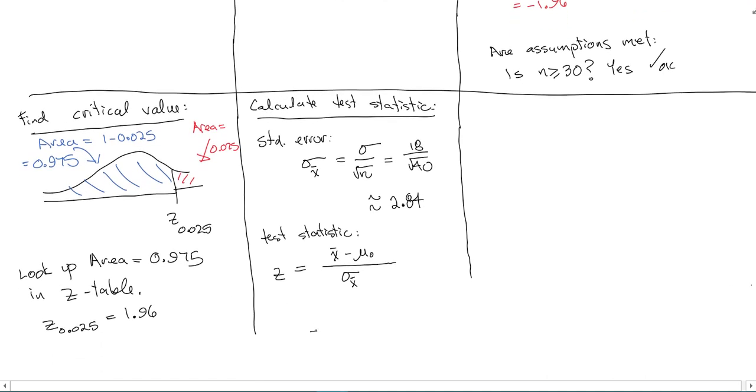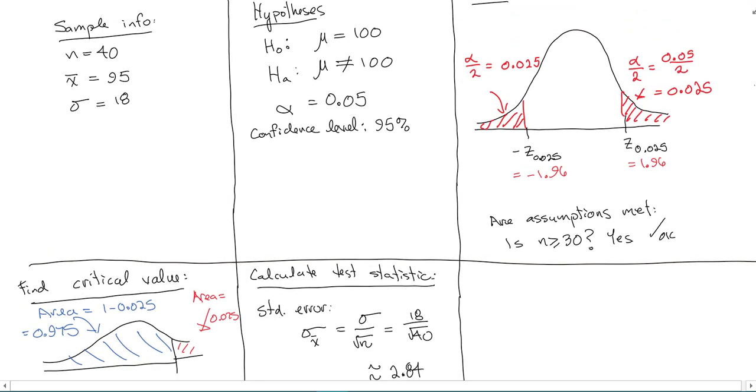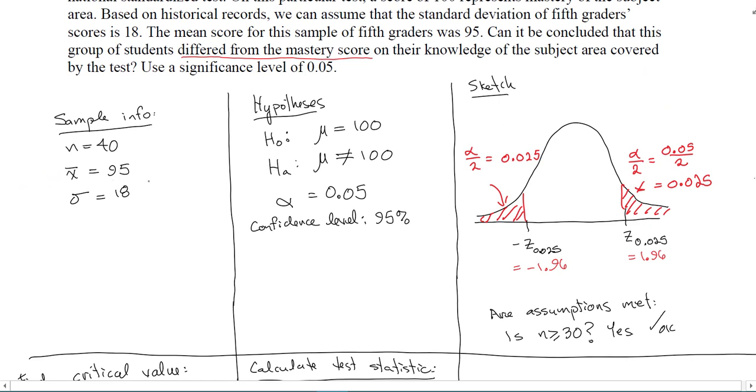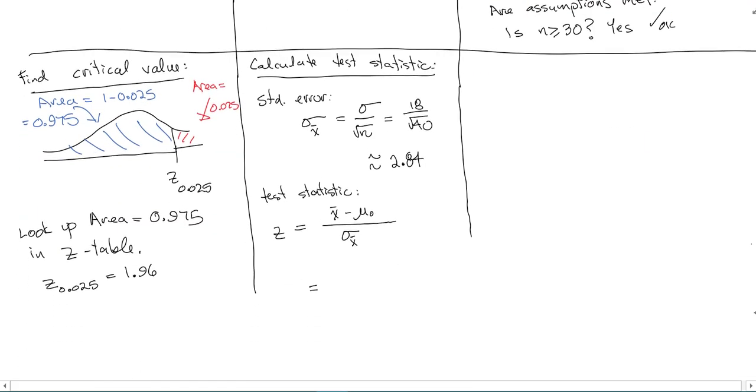When I put in numbers, my x bar is 95, the sample mean of my sample. And my benchmark is 100 from my null and alternative hypotheses. So we do 95 minus 100, and we divide by that 2.84.